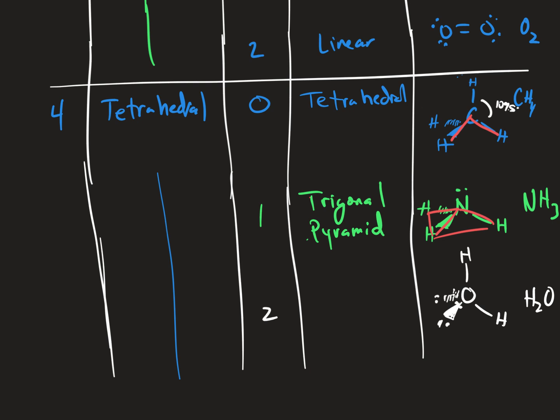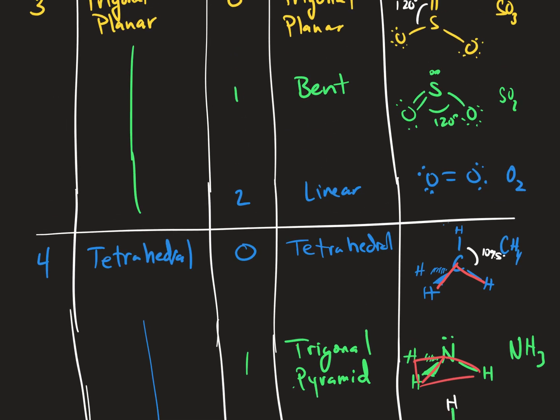All right, so if we just look at the bonded atoms here, so we know the electron geometry is still tetrahedral. What about the bonded atoms? What does that look like? Bent, yeah, that's it. The only difference between this bent and the other bent is the angle, right? This one's 109.5 degrees and the other one was 120 degrees.